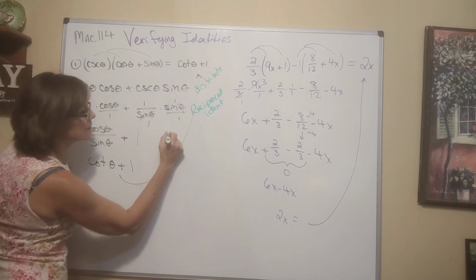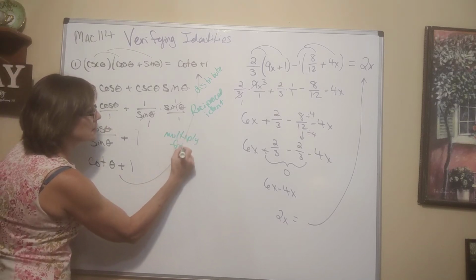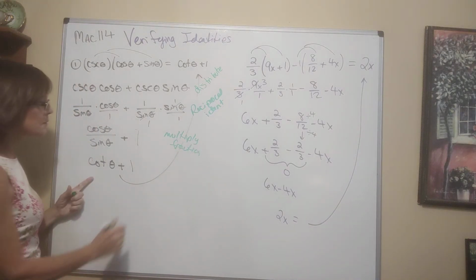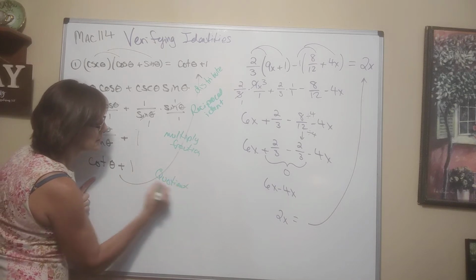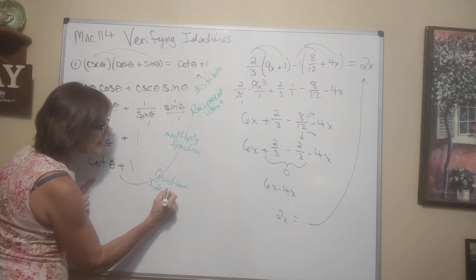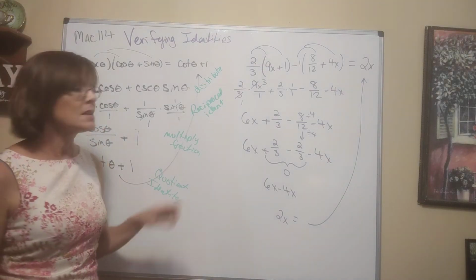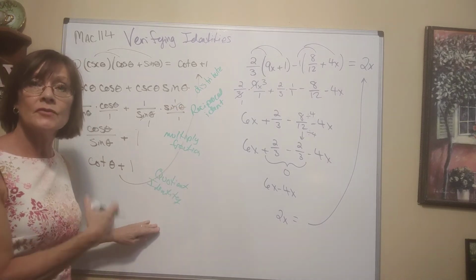Okay, multiply fractions. And then I took this and I wrote it like this, which is a quotient identity. Quotient identity. Now, I won't make you do this all the time, but there will be times, maybe on the test, where I'm like, tell me exactly which steps made it valid for you to use this.